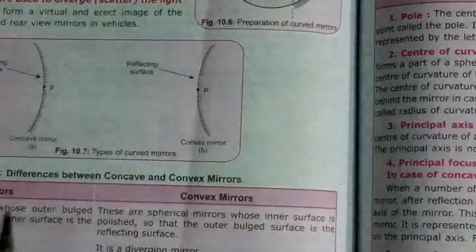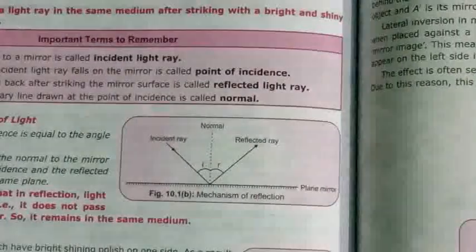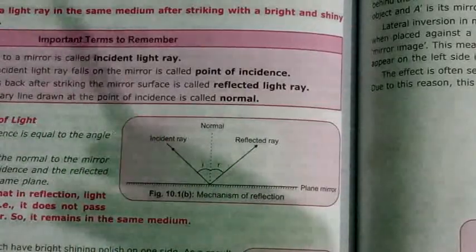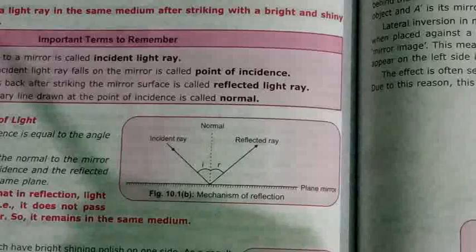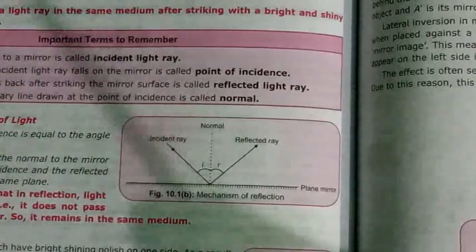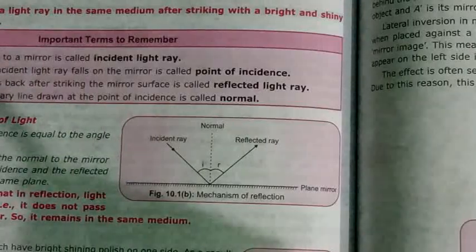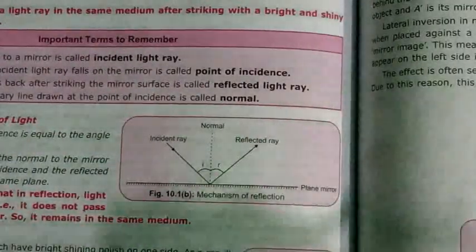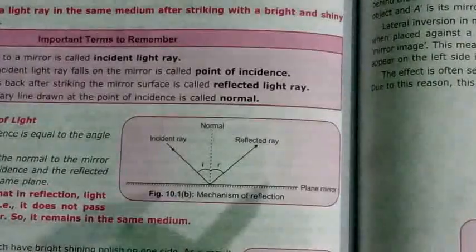Earlier we have talked about mirrors. So what is a mirror? A mirror is a glass sheet which is polished from one side and the other side is bright and shiny, as we can see here.